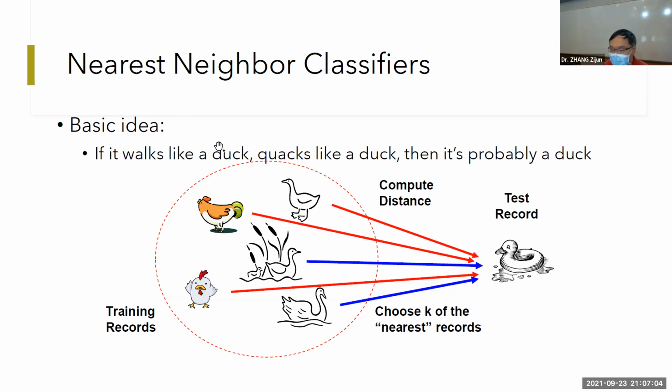Here the example is, if it walks like a duck, quacks like a duck, then it is probably a duck.